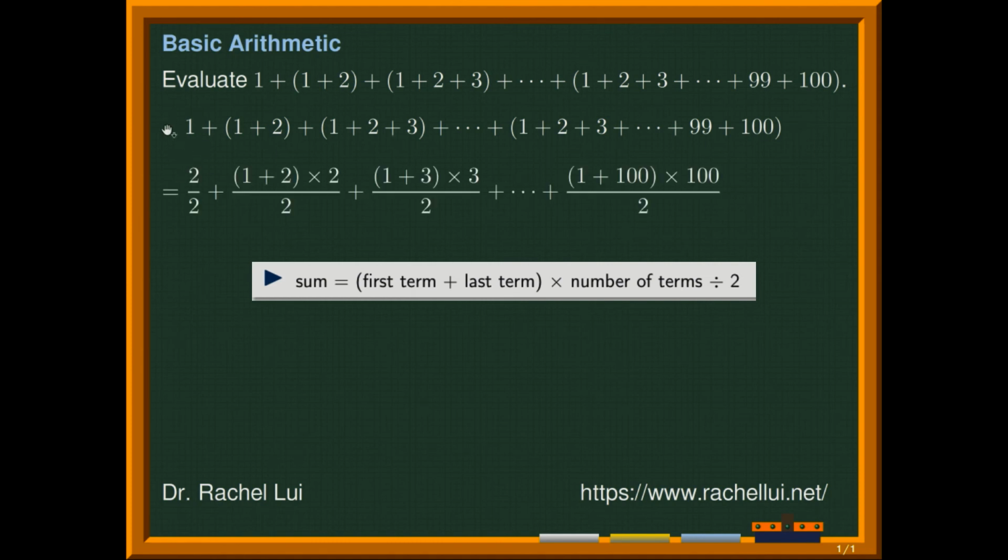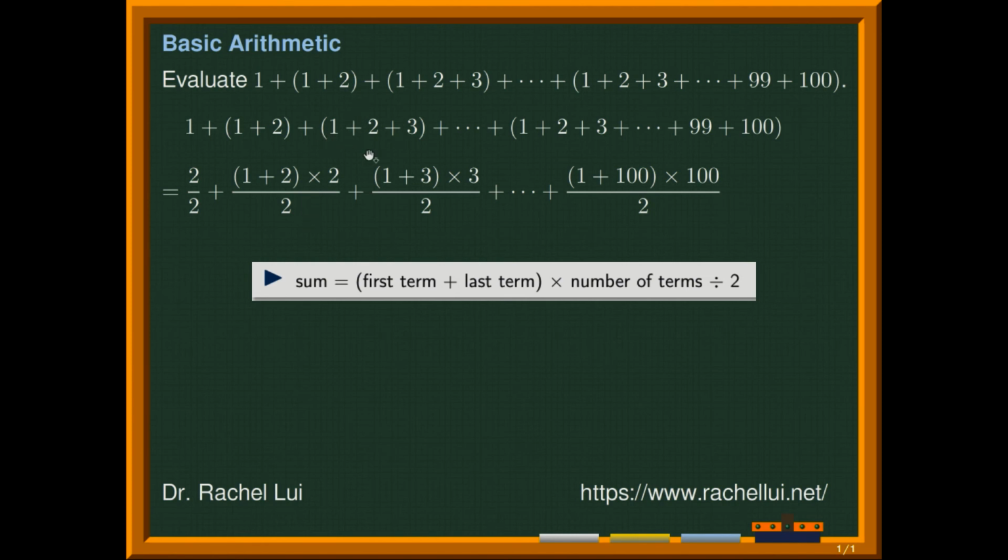So the first term 1, I will change it to 2 over 2, because every subsequent term I will have to divide by 2. And then for the 1 plus 2, I will apply the formula. So the first term is 1, the last term is 2, the number of terms is 2, and divided by 2.